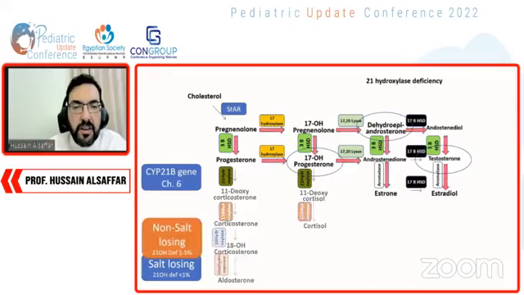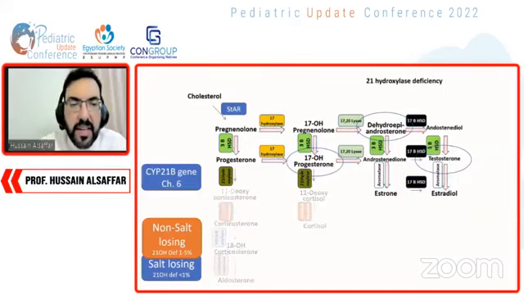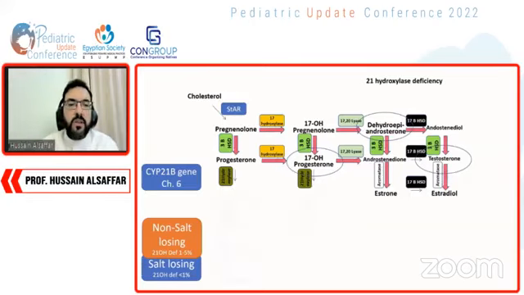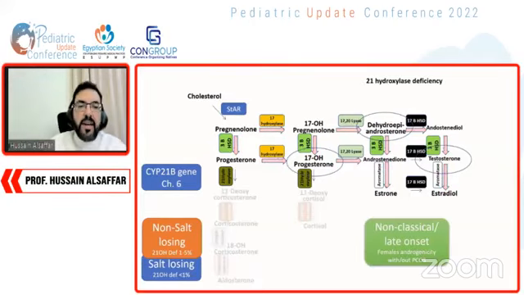Whereas if a little of this enzyme is left, about 1 to 5%, that could preserve function and reduce the severity. So the patient will present with non-salt-losing congenital adrenal hyperplasia.